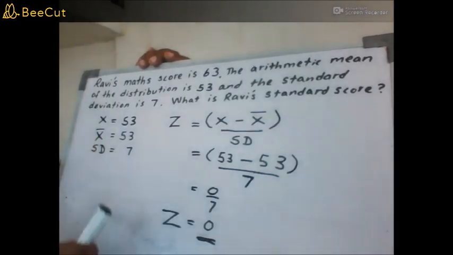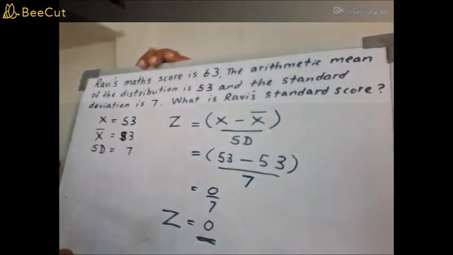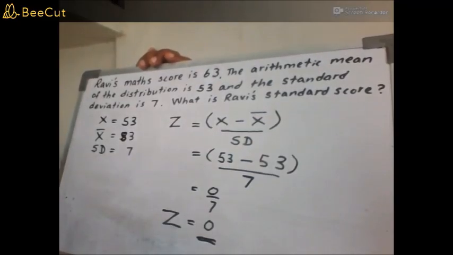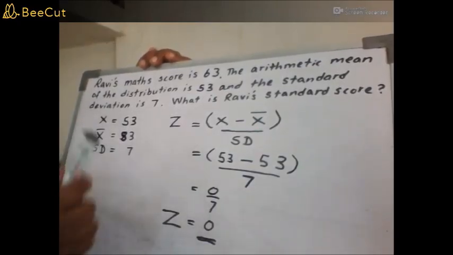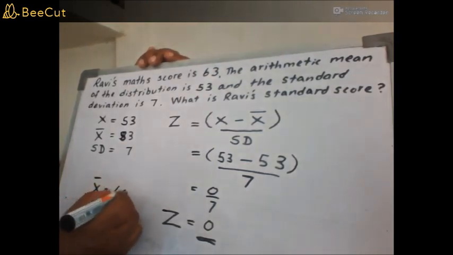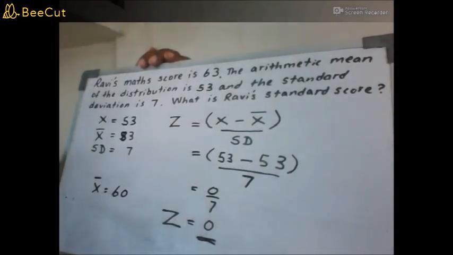Suppose the X bar is 83 and Anusha has scored 83. What's her Z score? 0. Another question: X bar is 60 and Amali's Z score is 0.